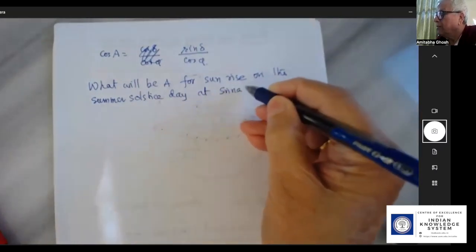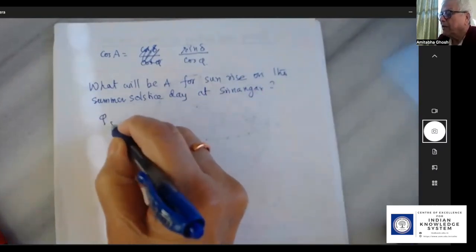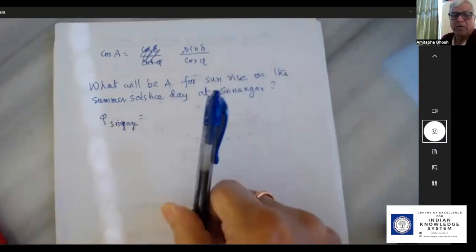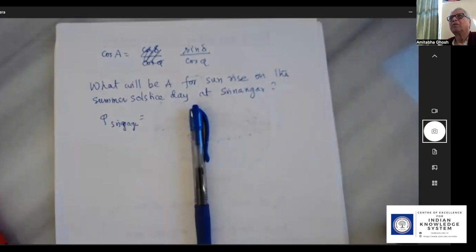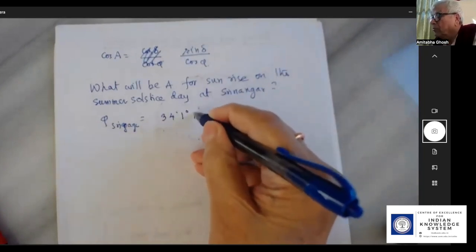What is the latitude of Srinagar? So phi Srinagar is how much? Find out from, let me tell you, latitude of Srinagar will be 34.1 degree north.